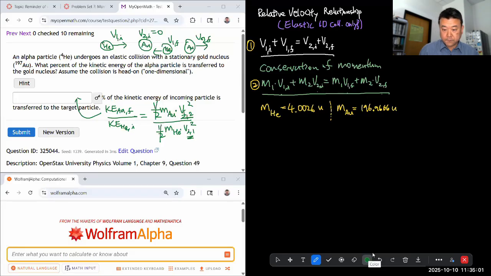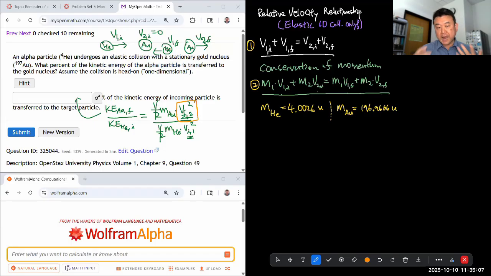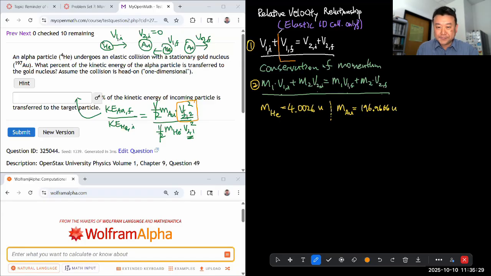So our first goal right now is to solve for V2 final, and counterintuitively that means I'm actually going to solve for V1 final first, because I'm going to eliminate it from my system of two beautiful linear equations. What I'm solving for is V1 final.